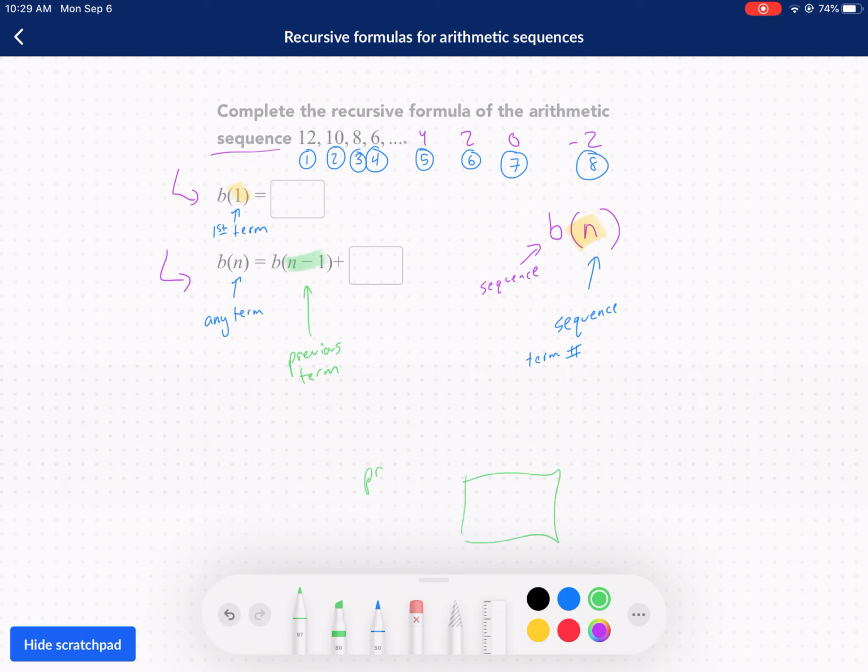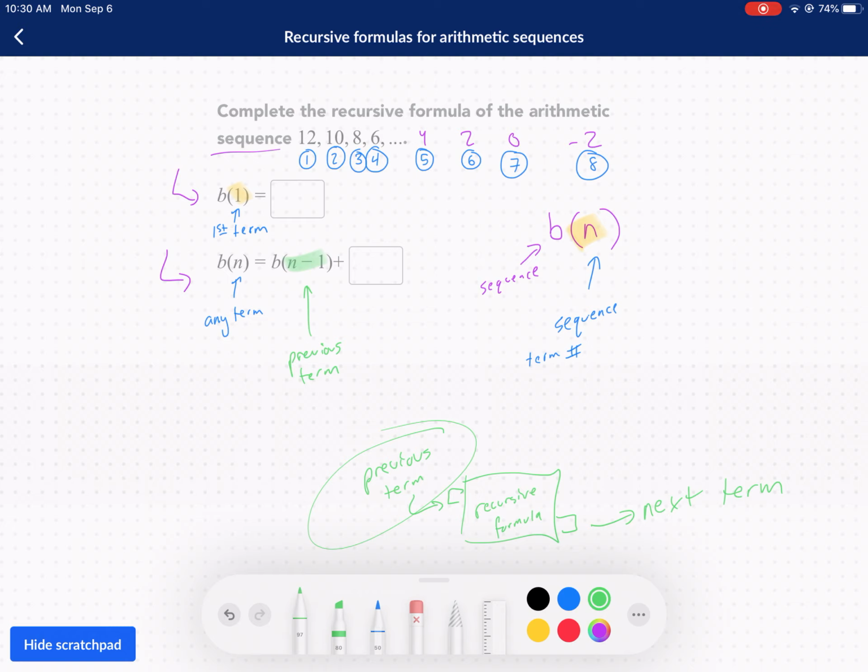So if this is a machine, this is the recursive formula, okay? It's like a machine where you have your input, which is the previous term. You need that to go in. Something happens with the recursive formula, and what's outputted is the next term in the sequence, okay? So you need this previous term in order to determine the next term.